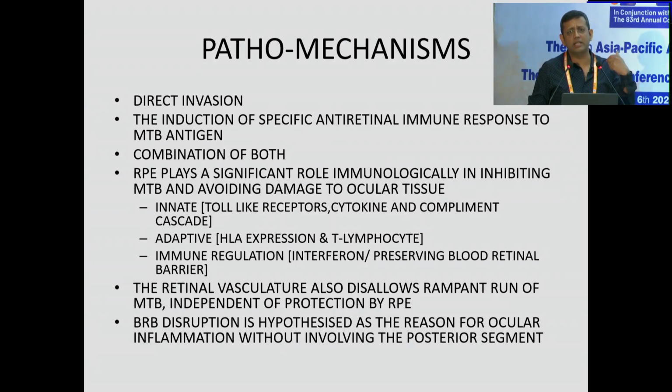It not just incites the inflammatory cascade, but it also regulates how much inflammation is drawn towards controlling that MTB without damaging the ocular tissue. So RPE does play a very important role. And of course, the retinal vasculature also, the blood retinal barrier, a part of that also limits the spread of the disease. And you will see these vasculitides in tuberculosis primarily because of the inflammatory response, the retinal blood vessel lining that it throws up.